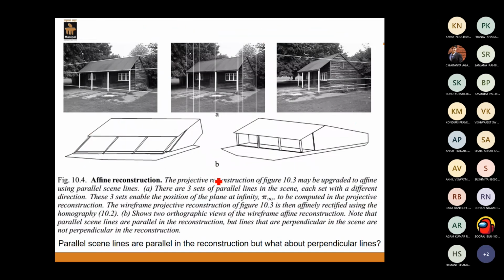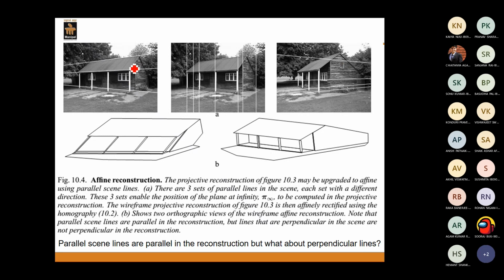I'll explain with respect to this particular image. I have three different images of the scene. I'm taking the same scene, which is the house. Now I know that these lines present here are parallel to each other, and these lines are parallel to each other, and I have identified these particular lines which are also parallel to each other.